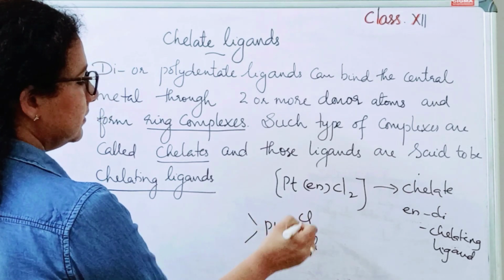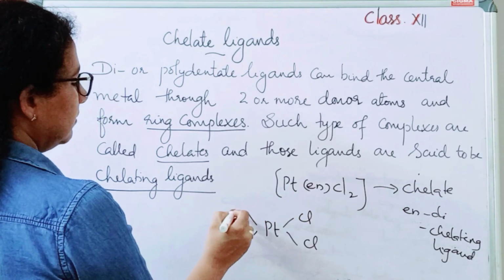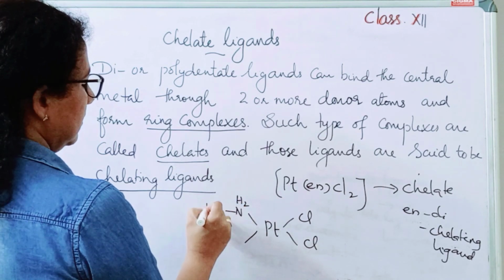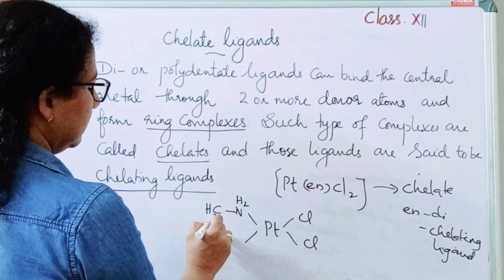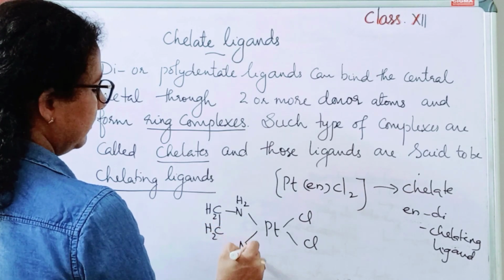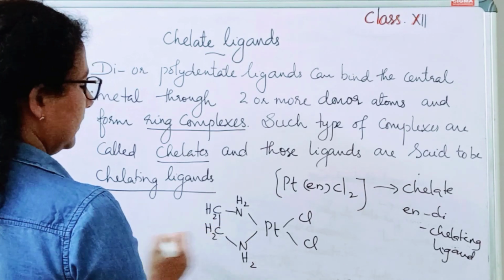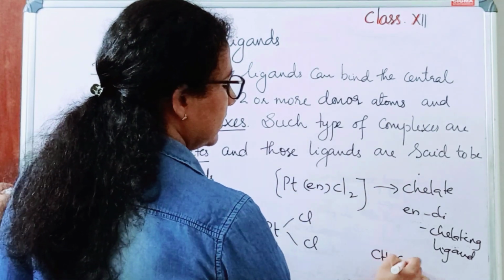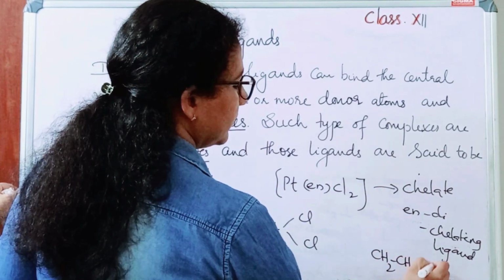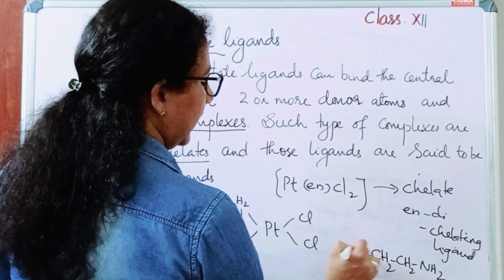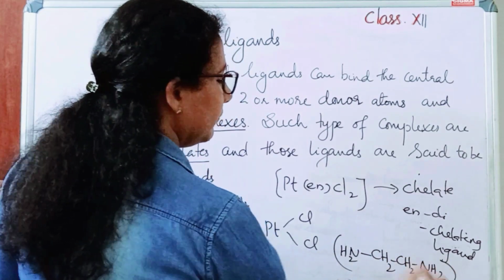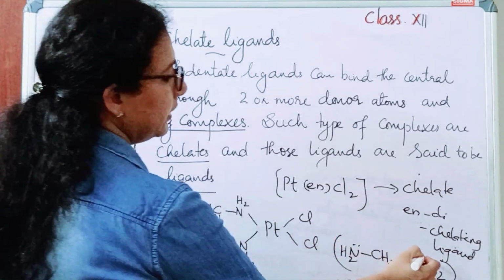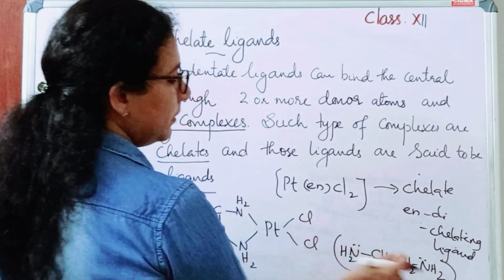These are the two Cl, and then comes the En, that is ethane 1,2-diamine. Ethane 1,2-diamine is CH2, CH2, with NH2 twice. This is the formula of ethane 1,2-diamine, and these two nitrogen atoms have lone pairs of electrons.